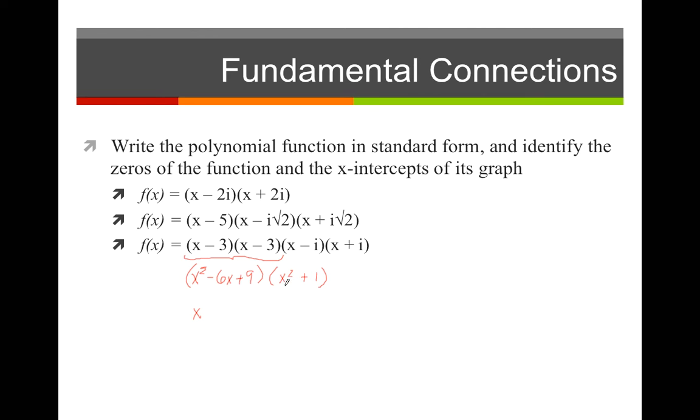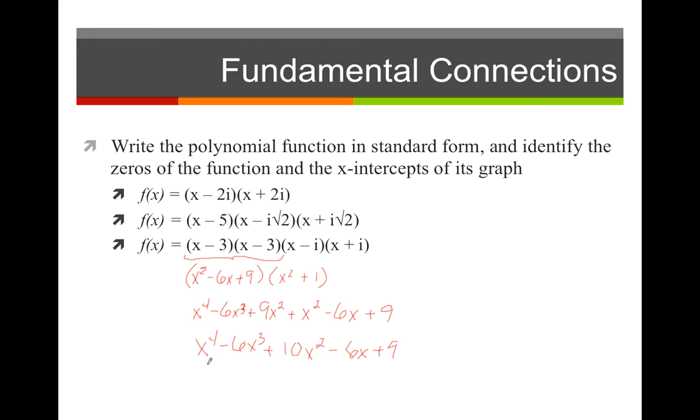I have to take this x squared and multiply it to all pieces, so x to the 4th minus 6x cubed plus 9x squared, plus x squared minus 6x plus 9 when I take the 1 and multiply by all 3 things. And I get x to the 4th minus 6x cubed plus 10x squared minus 6x plus 9.